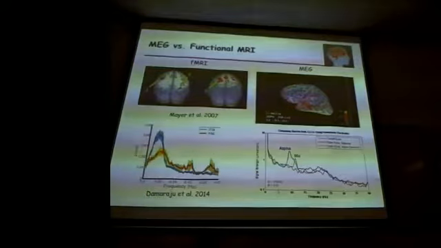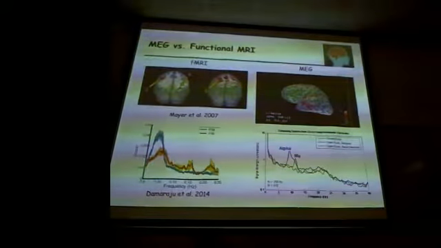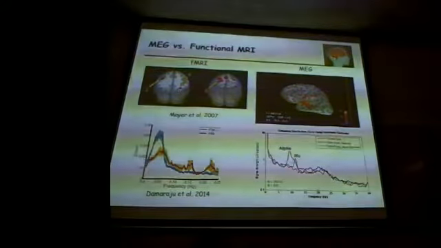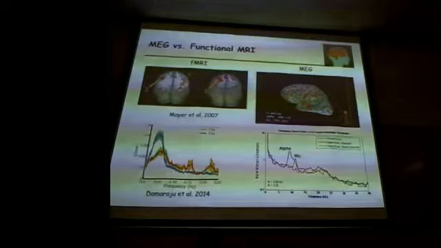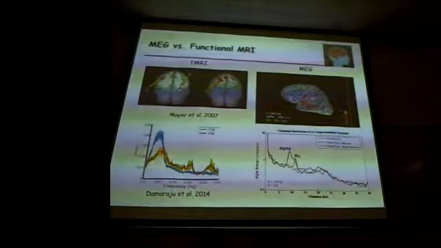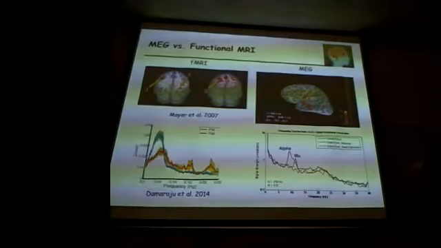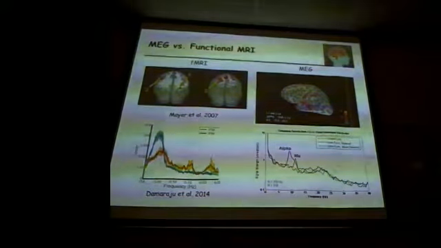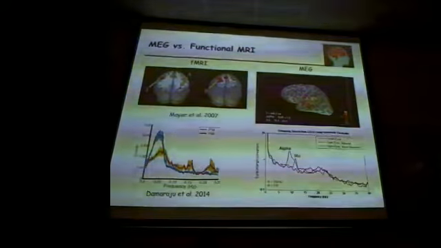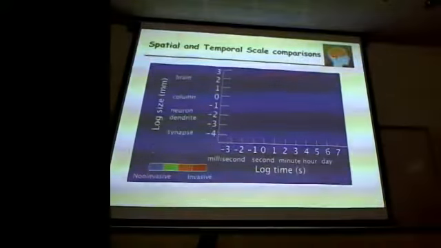A lot of people are looking from 0 to 100 Hertz at this point, so there's now high gamma that people are looking at with respect to cognition. There's not a lot that people are looking at beyond 100 Hertz, but there are some interesting things, and I did a study previously that looked at some of that as well.